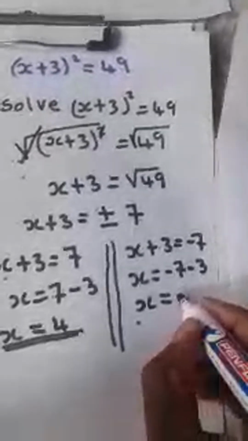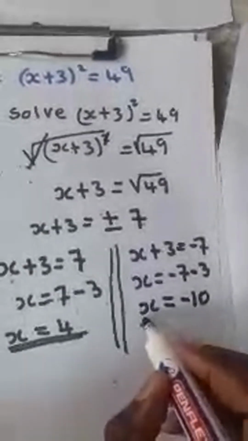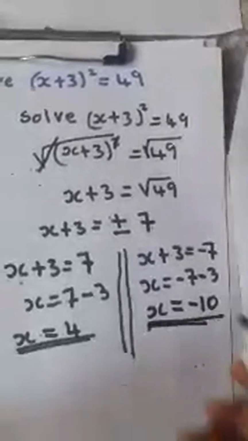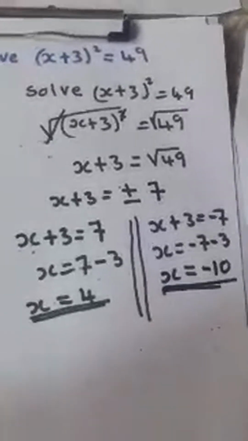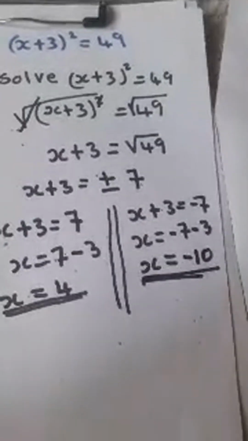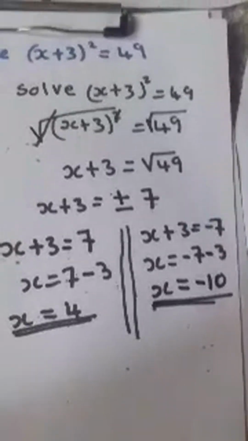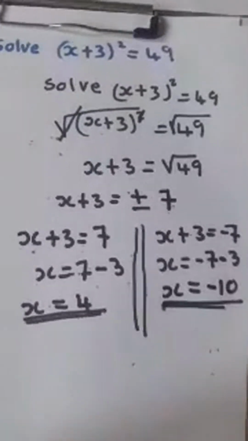So it will be negative 10. All right. So that's our final answers. So x is equals to 4 and x is equals to negative 10.